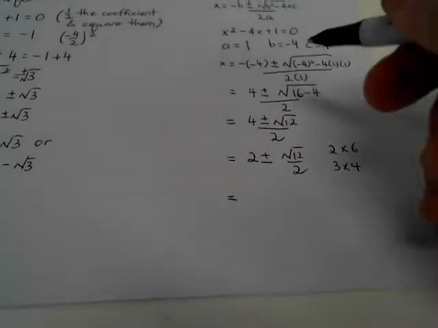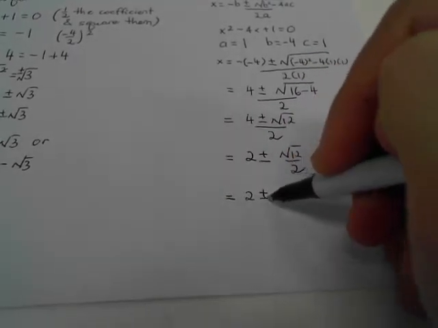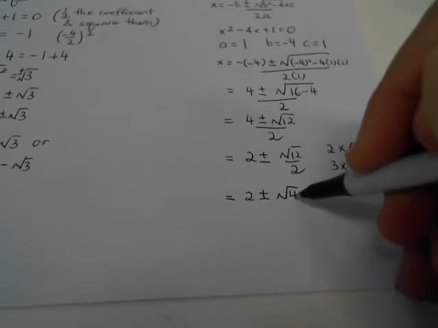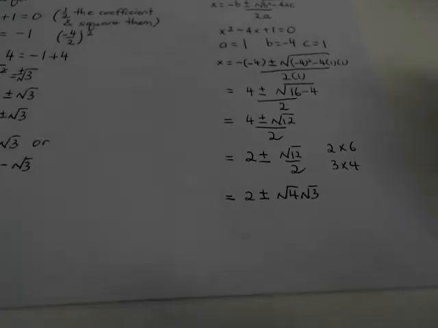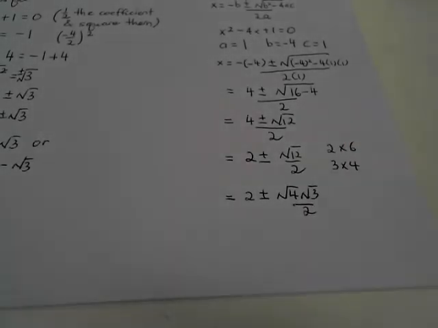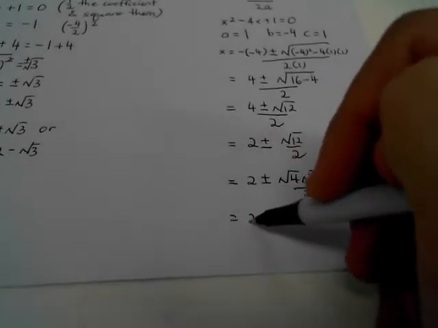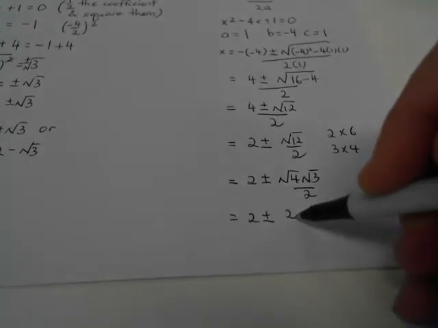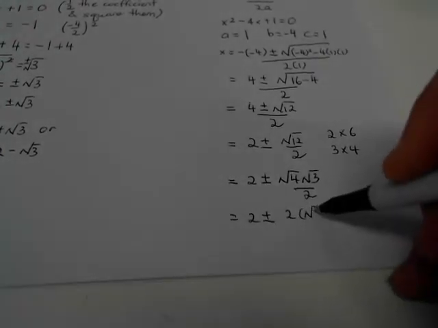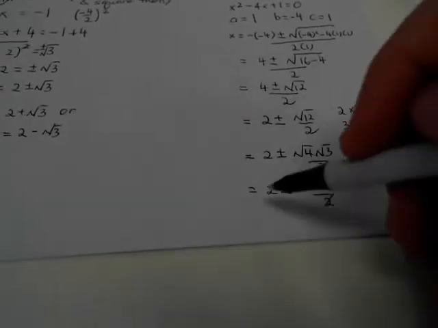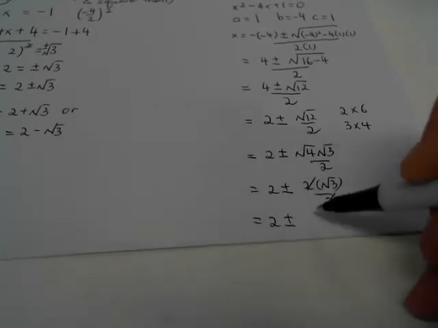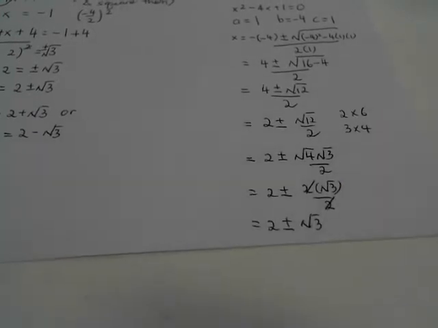So that will be 2 plus minus square root of 4 multiplied by square root of 3. Here you have to know your content of your surd forms, and you divide it by 2. And of course, 2 plus minus 2 multiplied by square root 3 divided by 2. Okay, so again, this is cancelled out, and what you're left with here is 2 plus minus square root 3.